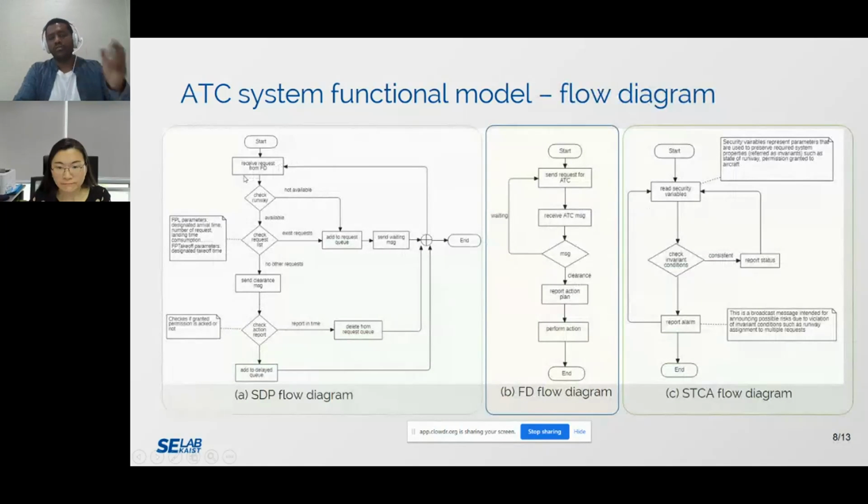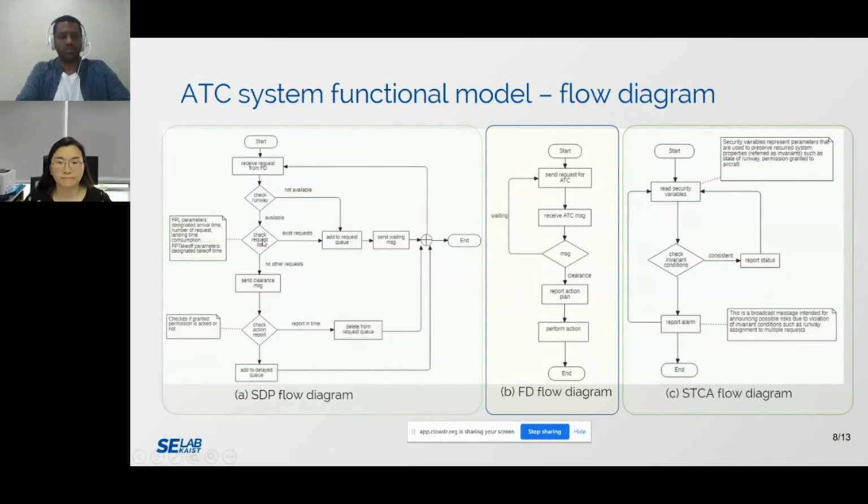And from that higher level view, we also designed a flow diagram in order to understand the parameters, the variables, and the decisions each system makes, based on our investigation from different sources. So, for example, in the surveillance data processing flow diagram, we have decisions to check whether the runway is available or not.